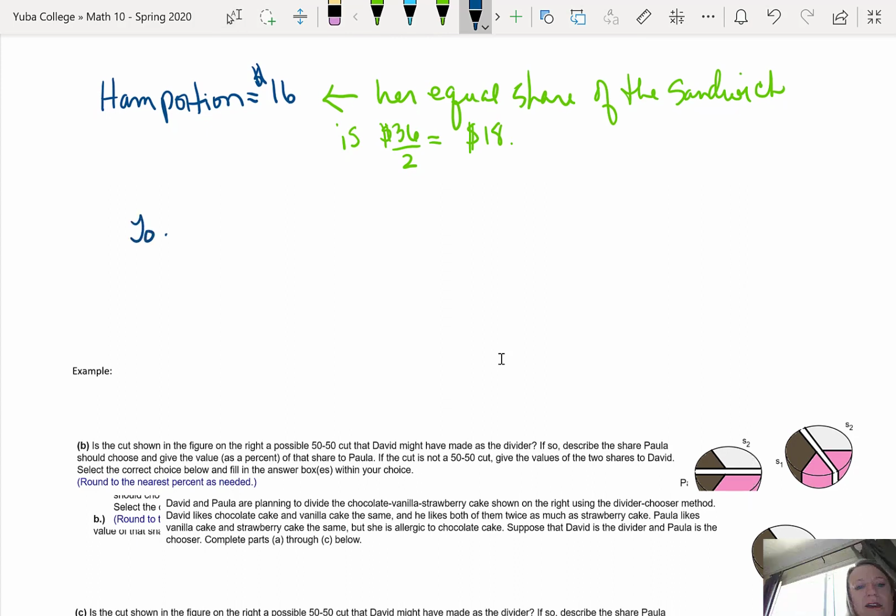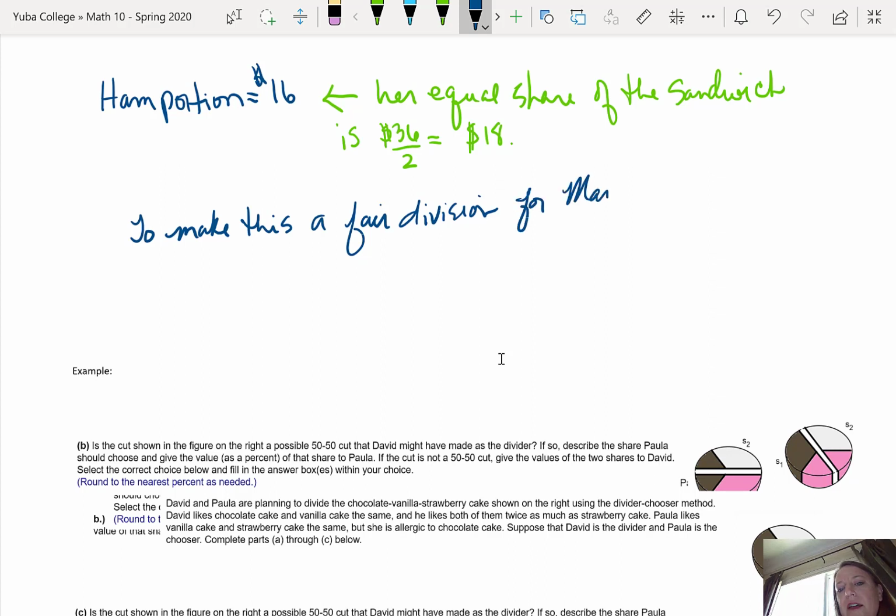So to make this a fair division, for Martha, she needs $2 worth of the turkey.